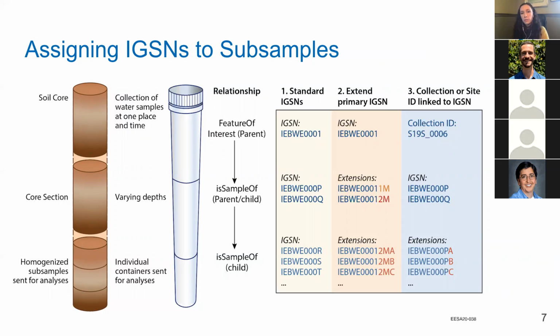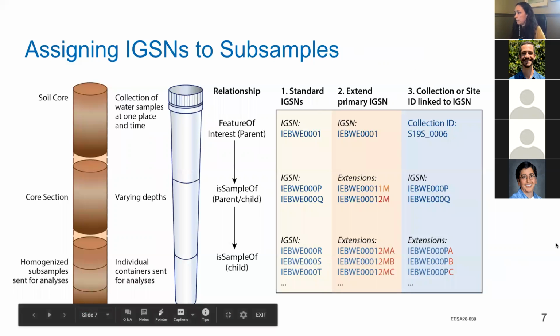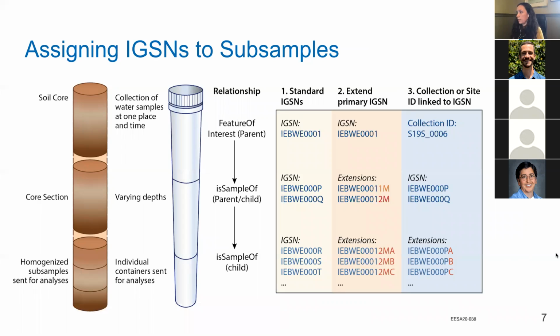Based on the pilot test feedback, options 2 and 3 here seem to be the preferred methods for assigning IGSNs to some of these subsamples, simply by adding a short 1 to 3 character extension to a primary ID, which has to be unique, but can be meaningful or opaque depending on the needs of the project.